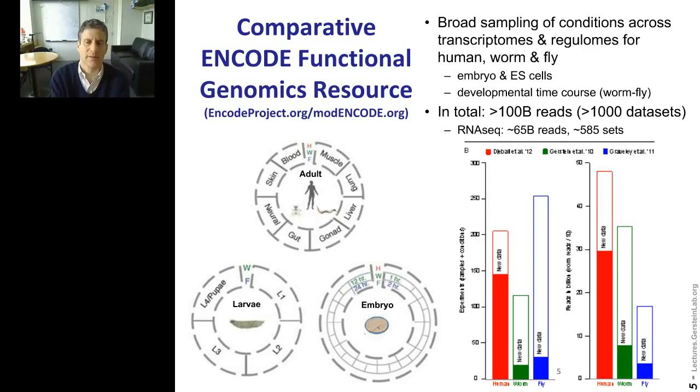The whole thing I'm talking about is well over 100 billion reads, comprising more than 1,000 different replicated data sets. And just looking at the RNA-seq section, which I focused on a bit, that in itself has about 65 billion reads, and a little shy of 600 distinct data sets.